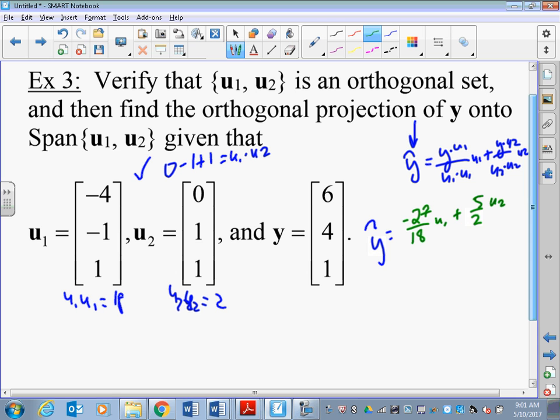So y hat is going to be, what do you get on that one? No, because that's a 3 halves, not a 5 halves. Yes, so y hat is still going to be that same thing. It's going to be 6, 4, 1. Are we good? Then when you do that, that's what you get.